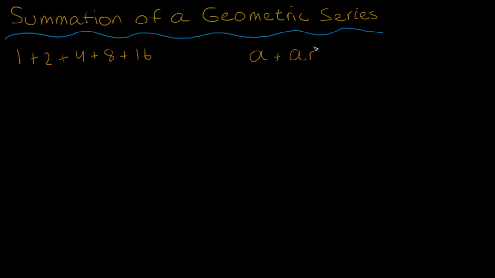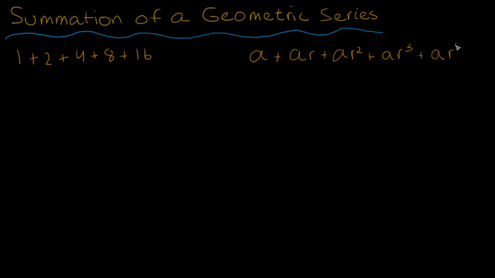So we usually denote the common ratio as r, and then we multiply it again, which is a times r squared, because we multiply it to the previous term. And let's just go with this, so a times r cubed plus, and there are 5 terms, so a times r to the 4th.